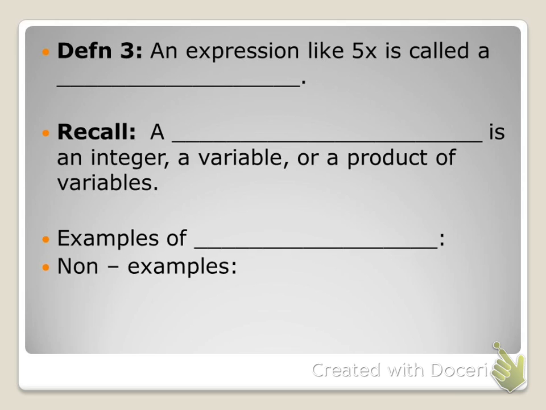All right, this slide is not terribly exciting because all of our blanks are pretty much the same. An expression like 5x is called a... Anyone remember? There's one term. Nobody remembers. Keon might remember.